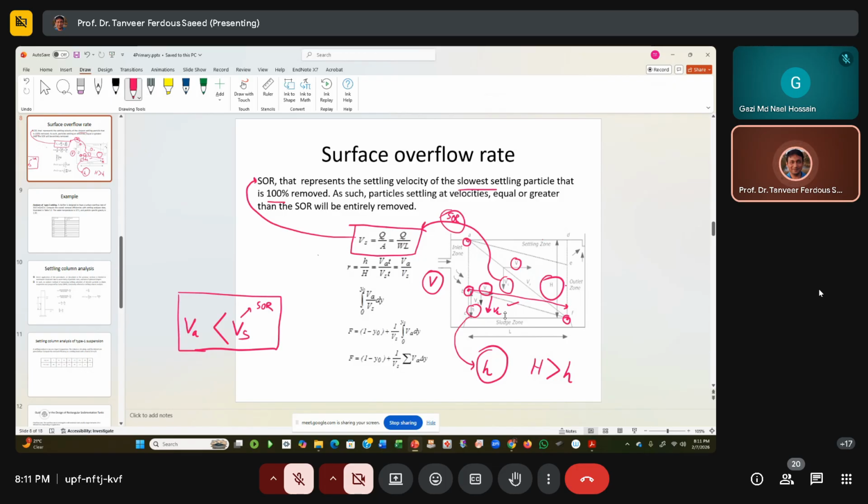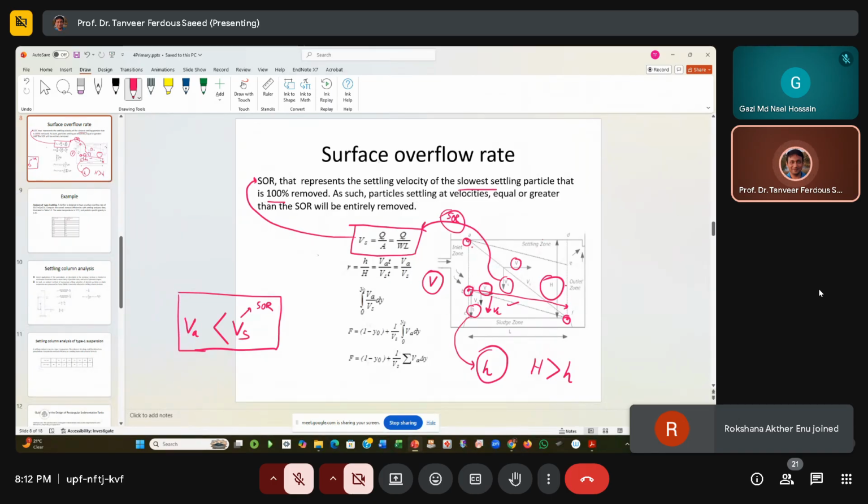Since this particle is covering a vertical distance lower than the distance that the SOR particle has to cover, due to the lower magnitude of distance, it will also reach from B to F, because it has to cover a lower depth compared to this one.